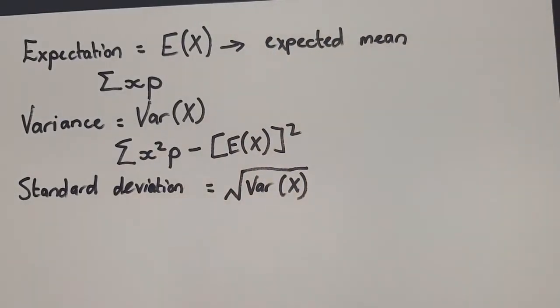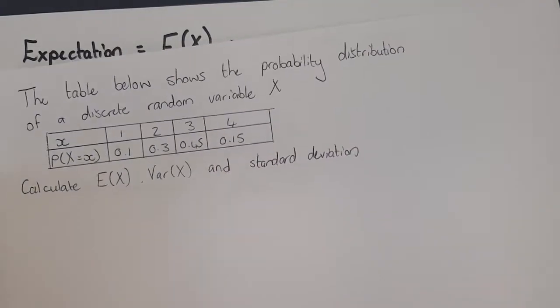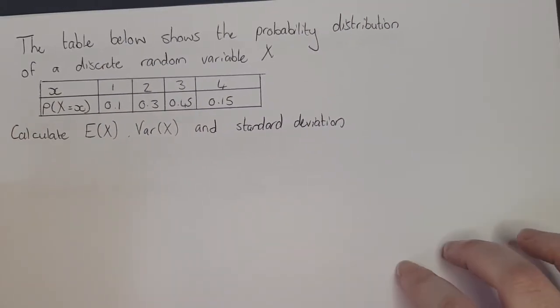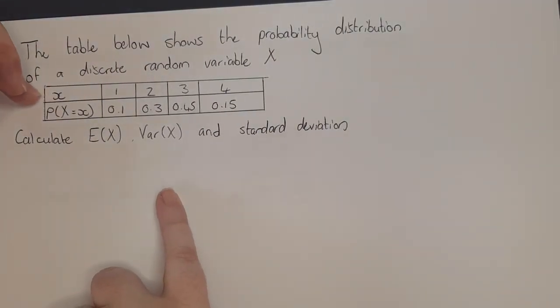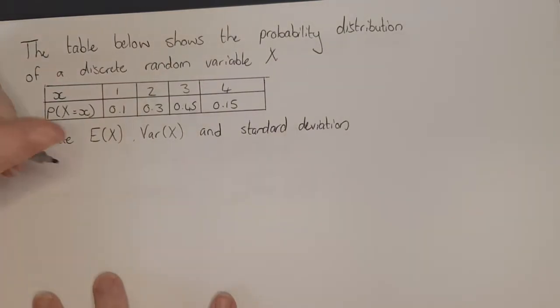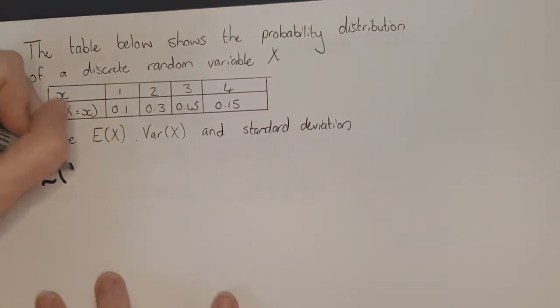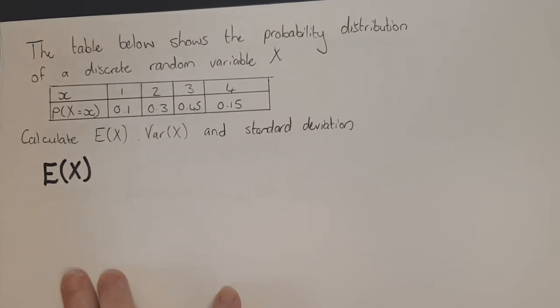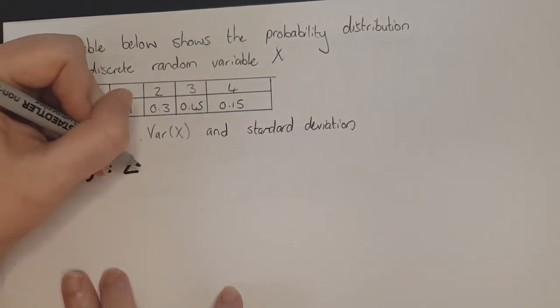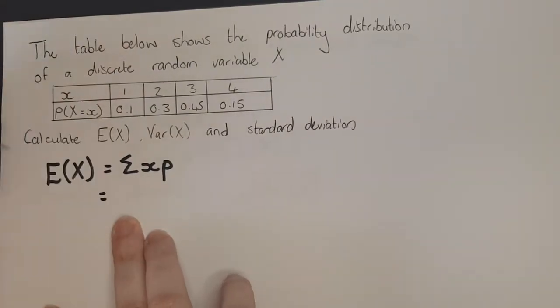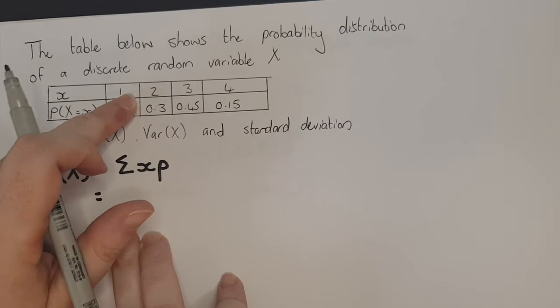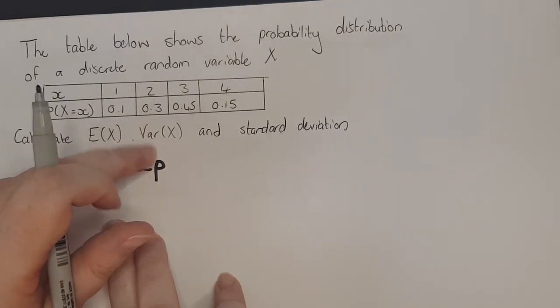So if I look at an example, I am given the table showing the probability distribution of a random variable X, and I need to calculate the expectation, the variance, and the standard deviation. First, the expectation, the E of X. That formula is the sum of each X times its probability, which means I take each X value, multiply it by its probability, and add it to the next one.